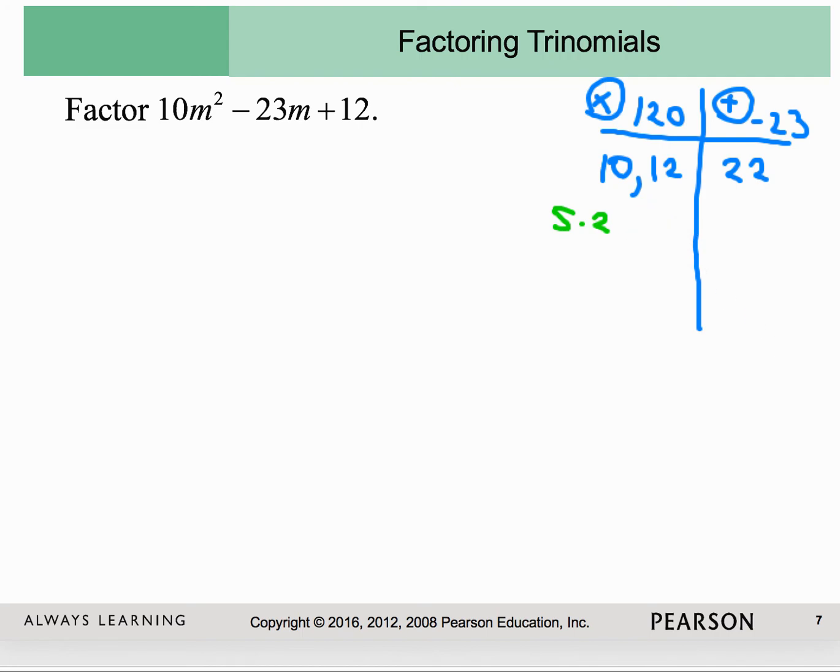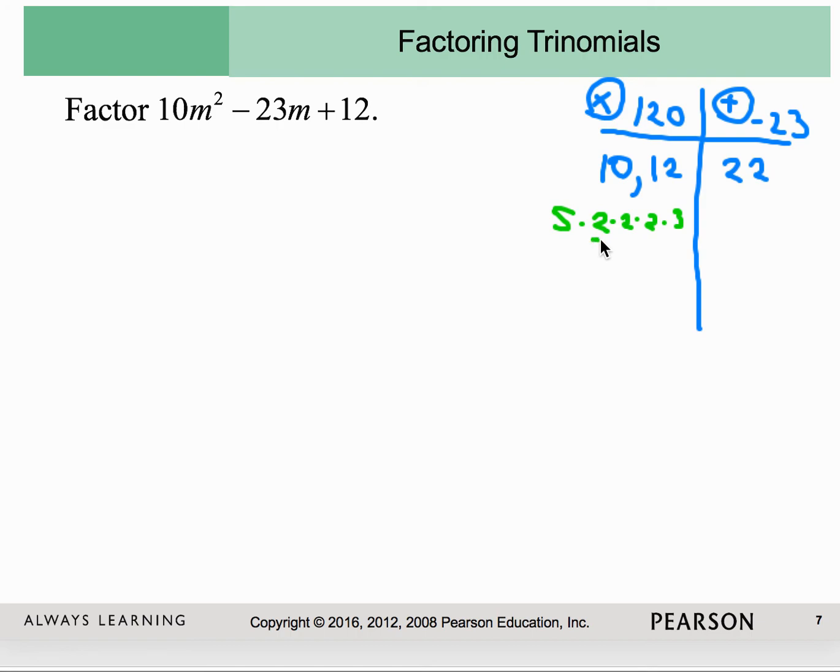Let's just see all of our factors, our prime factorization. So there's the 10, and then 2 times 2 times 3, that's 12. I'm just breaking this down. There's 10, there's 12, and then I can play with all of this.